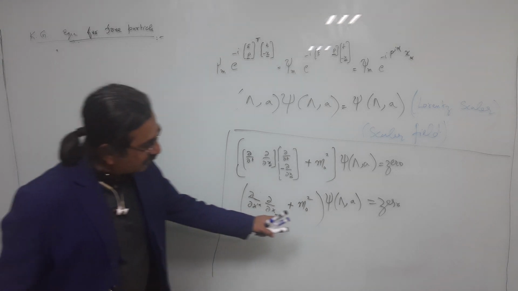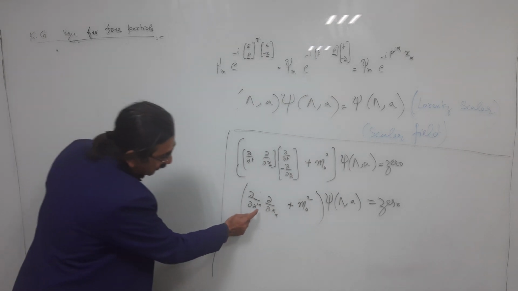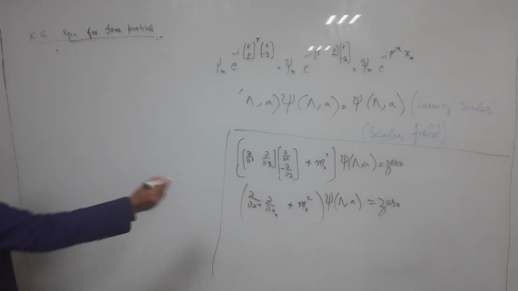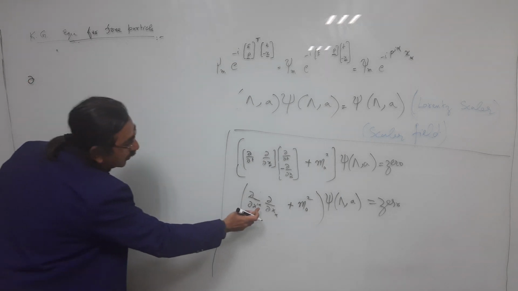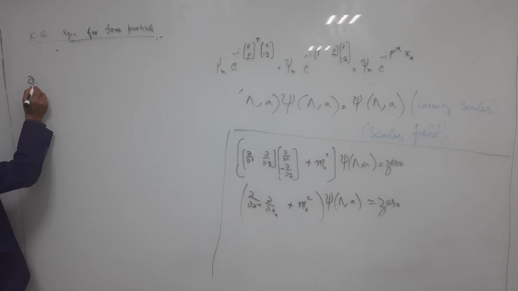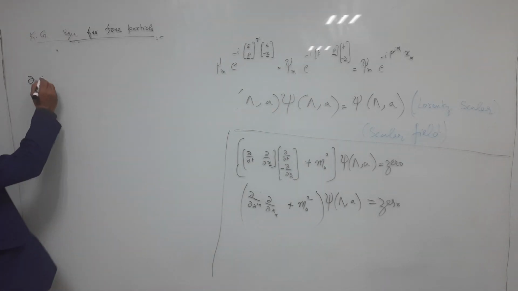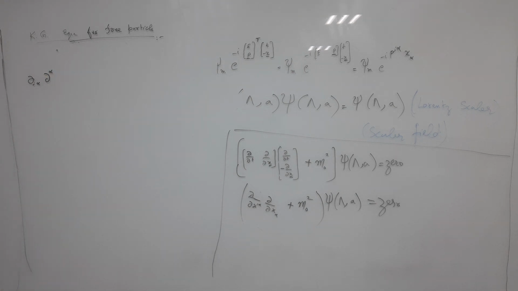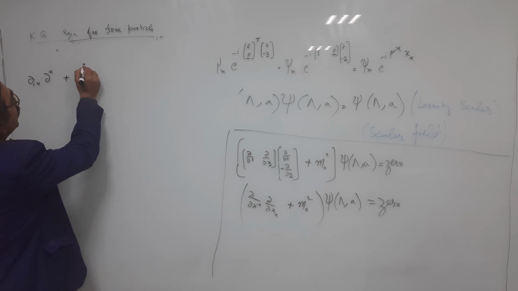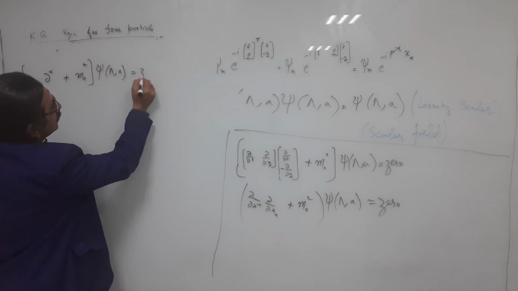In the denominator, contravariant becomes covariant and covariant becomes contravariant. So the first one is contravariant, but it is in the denominator, so it will be covariant, and this other one will be contravariant. And plus m naught square psi is 0.